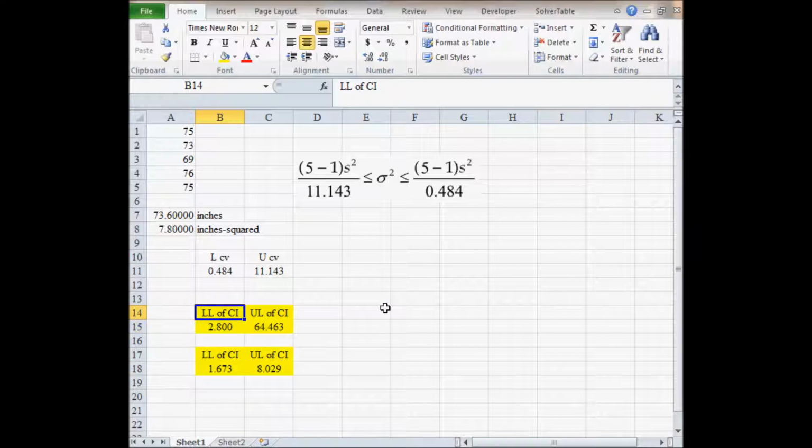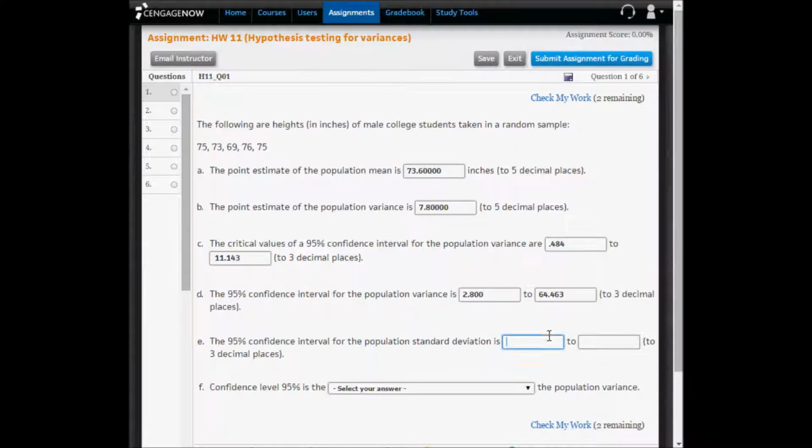So this is the 95% confidence interval for the population variance. This is the confidence interval for the population standard deviation. Now I'm going to copy each one of these individually into CengageNOW.